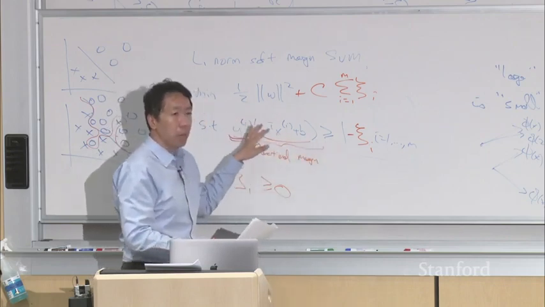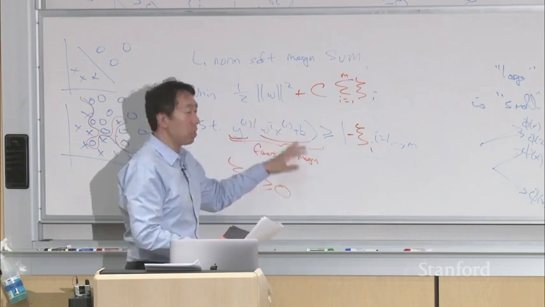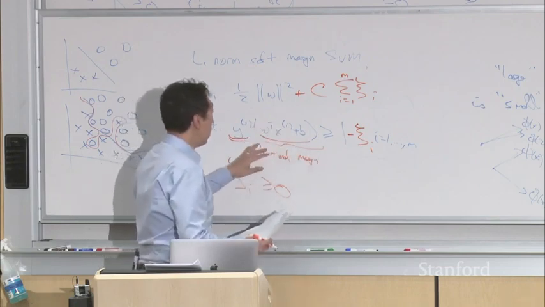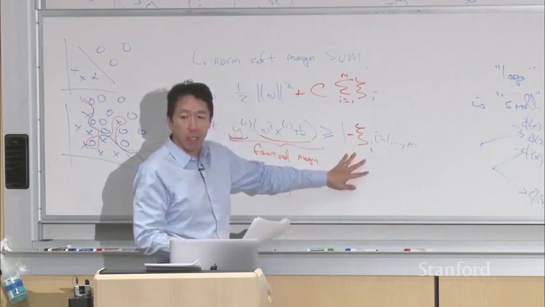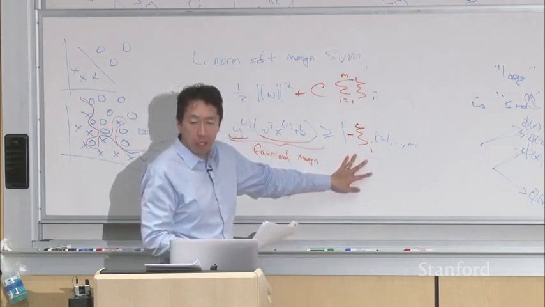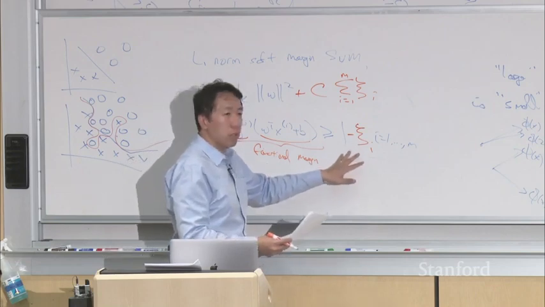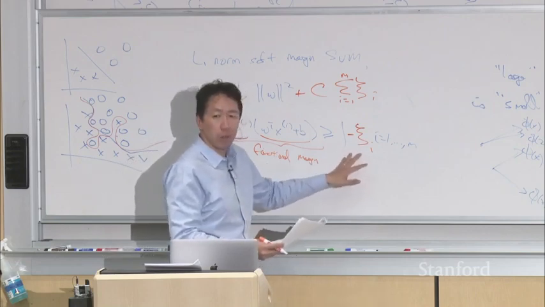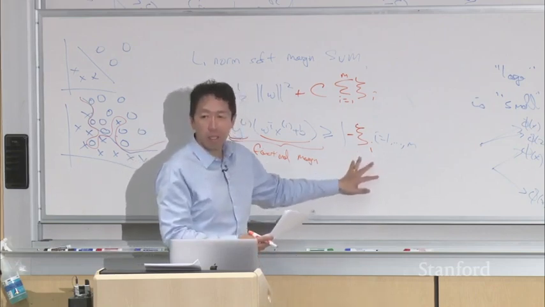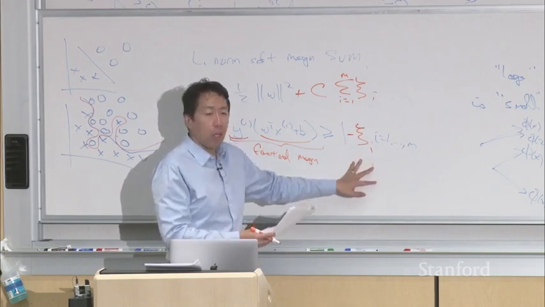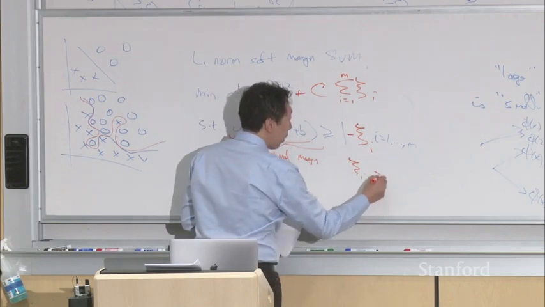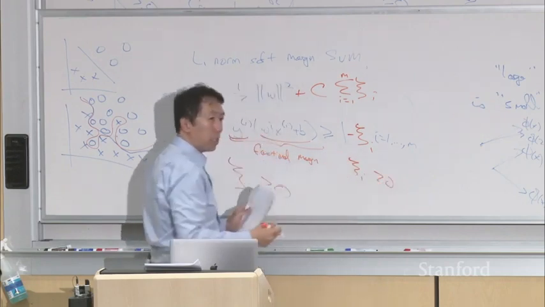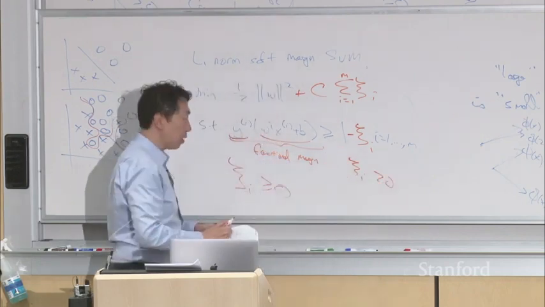And the SVM is asking for it to not just classify it correctly, but classify it correctly with a functional margin of at least 1. And if you allow xi_i to be positive, then that's relaxing that constraint.